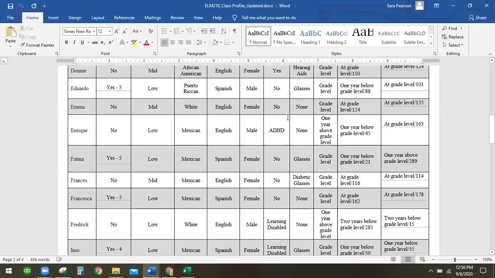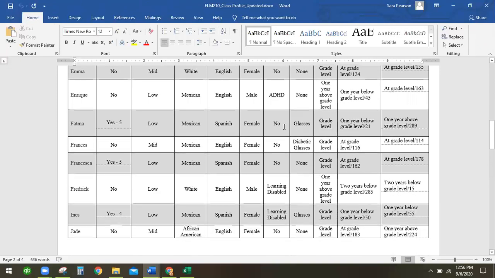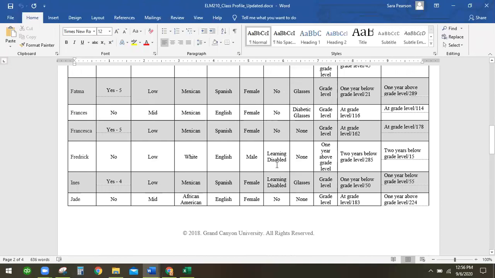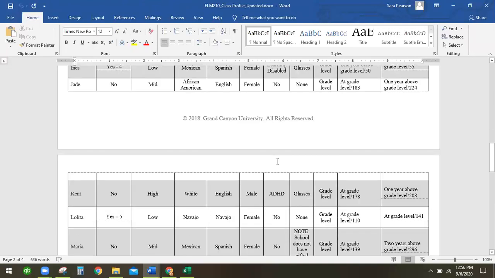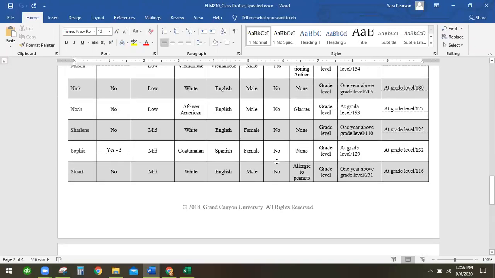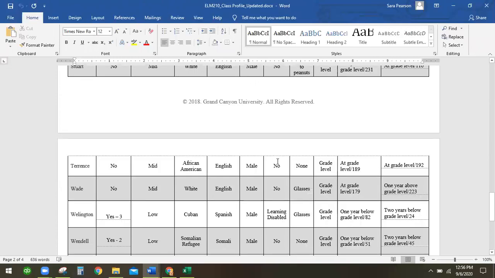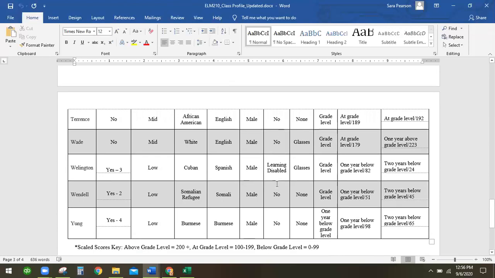As I go down, I see I have a student who has ADHD, so they're probably going to have some attention troubles. I've got 2 learning disabled students, so that means that the instruction is going to be a struggle for them, that you're going to need to make sure it's visual and a little more step-by-step and not too at a rapid pace.